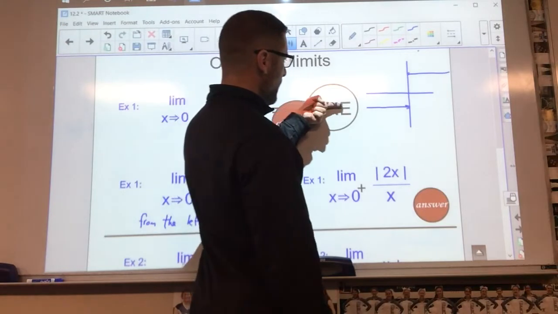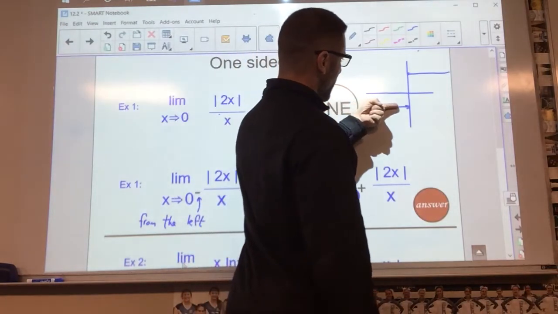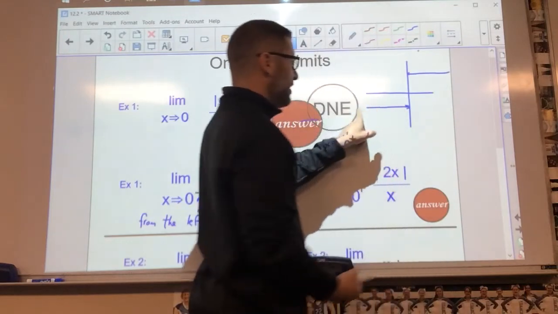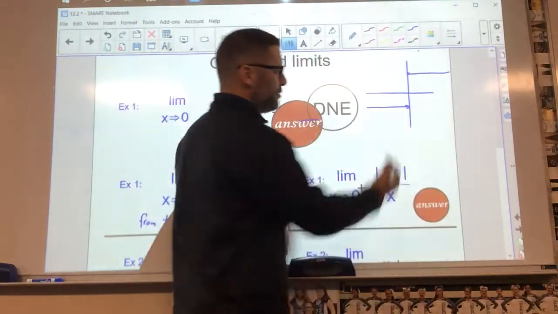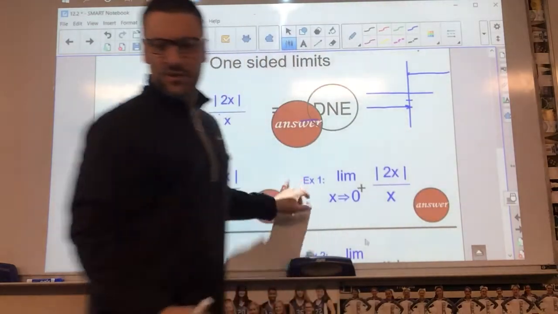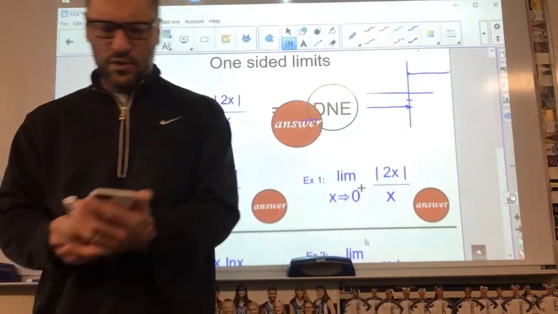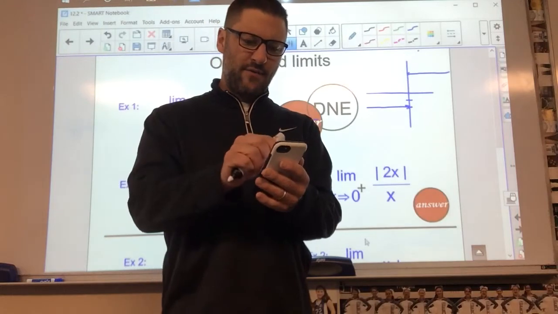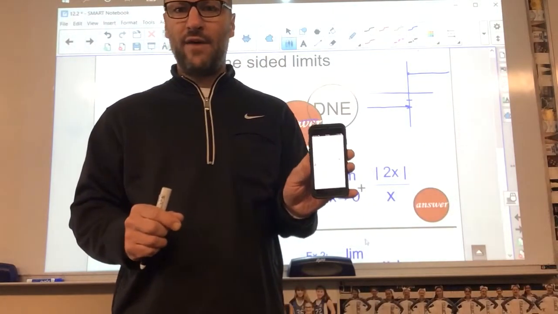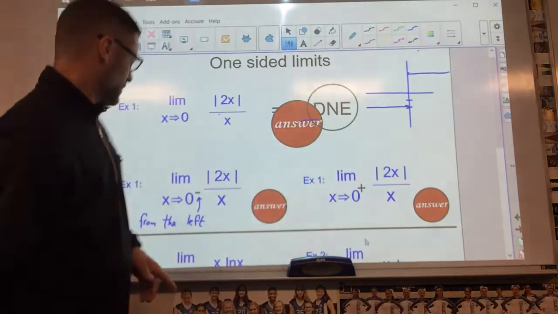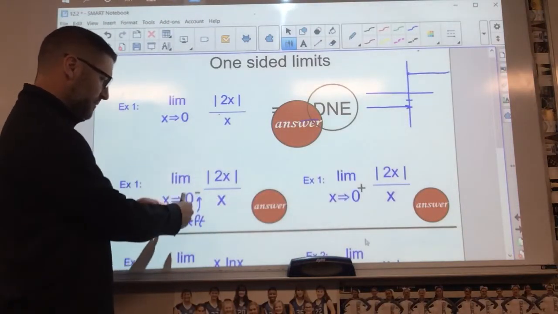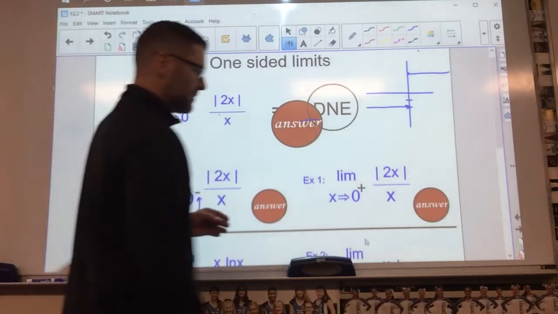There's no limit at the point, but on the left side, what's happening? Well, it's approaching this y value right here. If I zoom in on my point on my calculator, I get a y value of -2. So the answer as x approaches 0 from the left is -2.